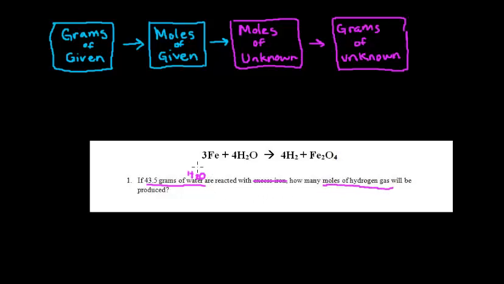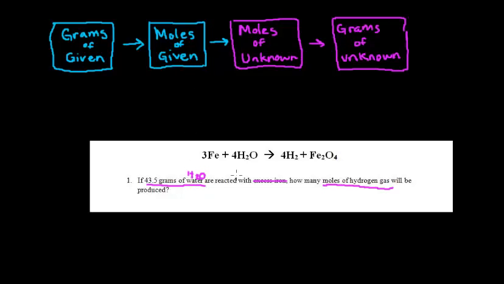So you have your given, the number we're starting from, and the unknown, what we're going to be trying to calculate. This set of boxes up here is what we rely on. Grams of given can go to moles of given, can go to moles of unknown, can go to grams of unknown. These two boxes right here are the only conversion between a given and an unknown you can make.